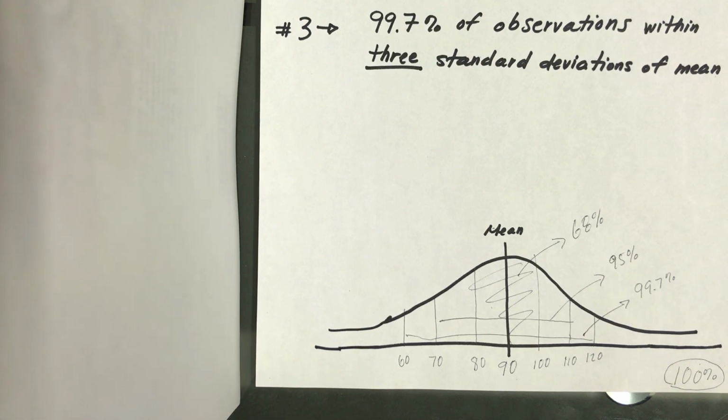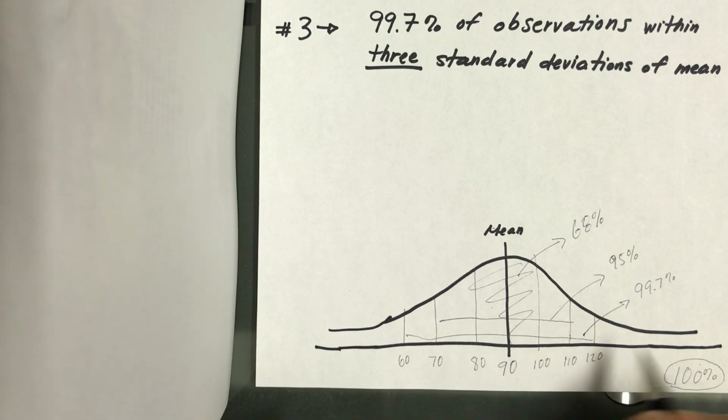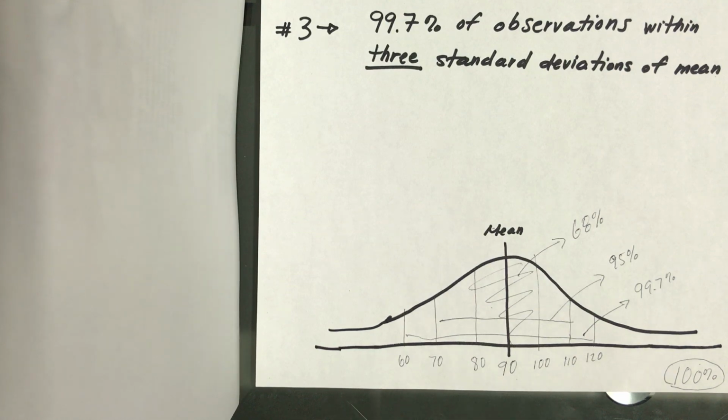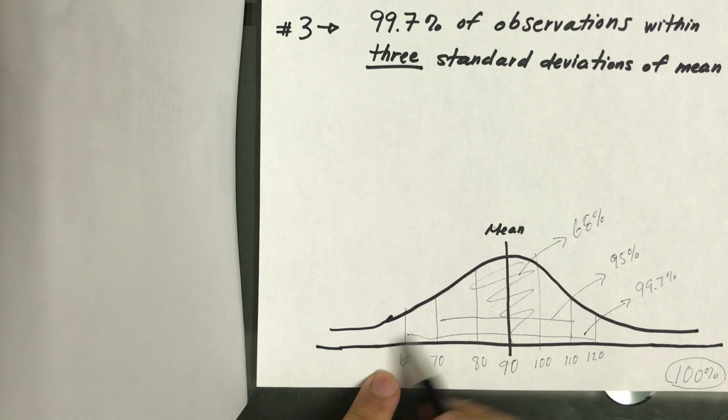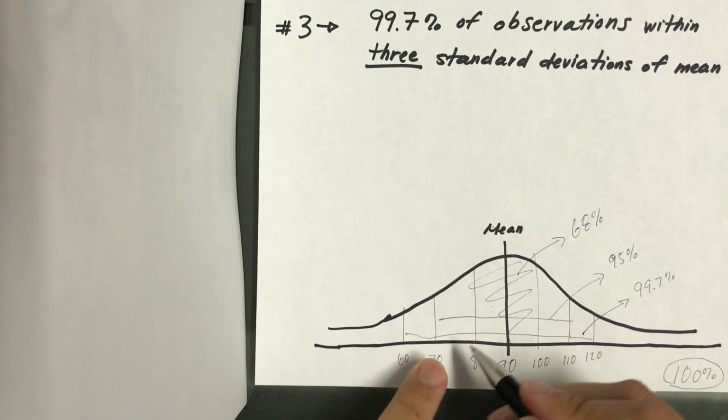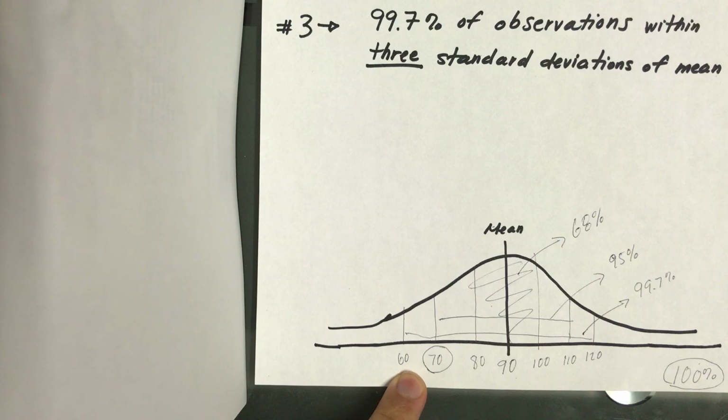But before I go, I want to share with you an actual problem. So let's say that we are told that our mean is 90, as in this example shows, and that we have a standard deviation of 10. As we worked through it right now. If we are asked, for example, what percentage of observations in the distribution are below 70 in this case.